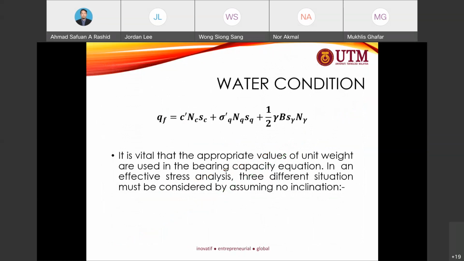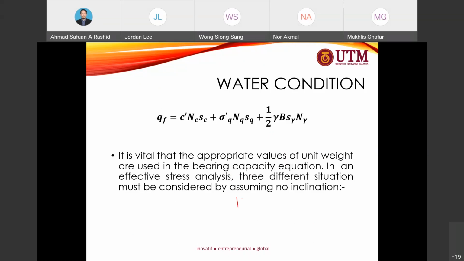So if there is water, there will be slight changes on the equation. We have three types of water condition: the water from the ground to the base, and the water from the base to the depth of the width of the foundation.